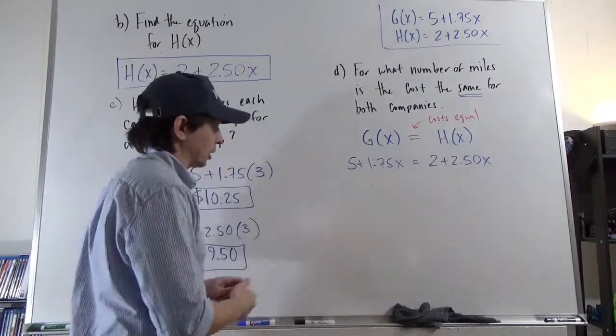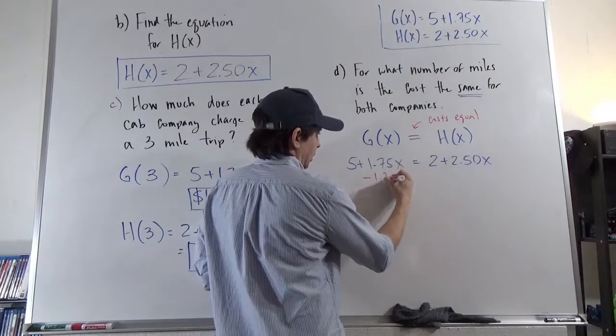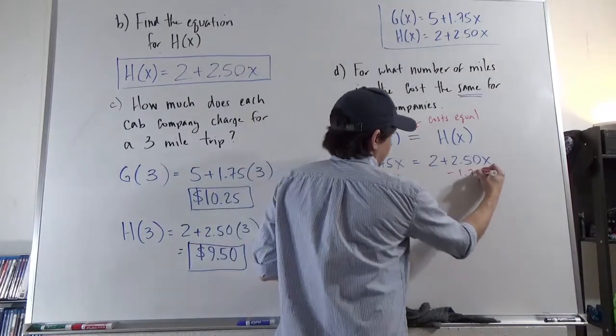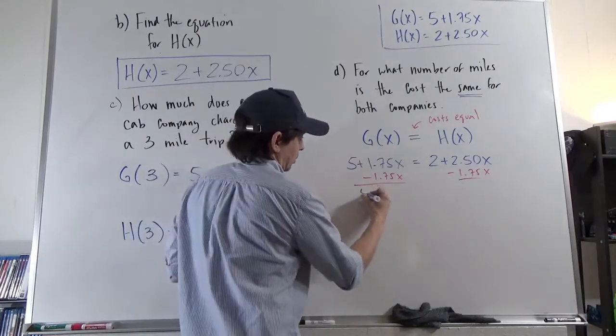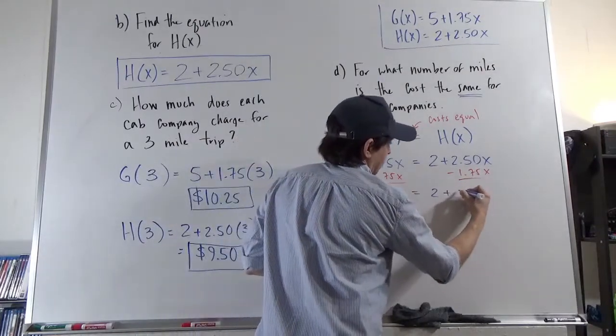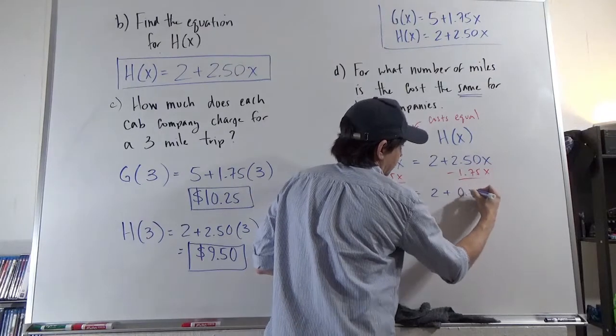Alright, and I'm going to do this quickly because it's just your usual solving. I'm going to get my x's together on one side. What was that? 0.75x.